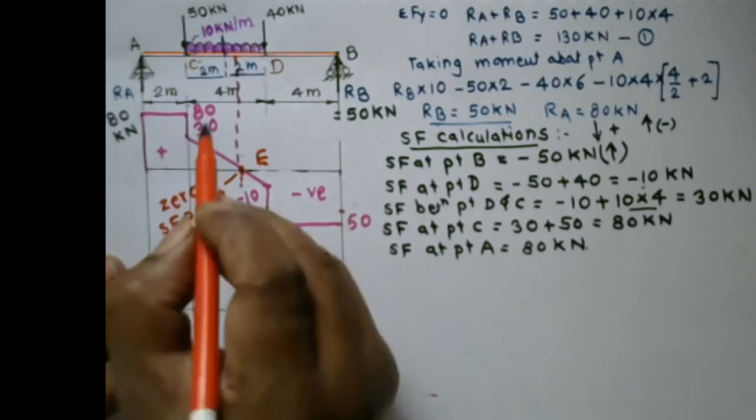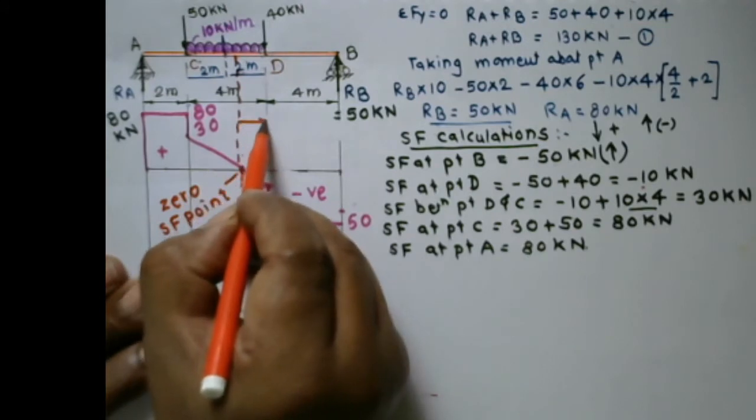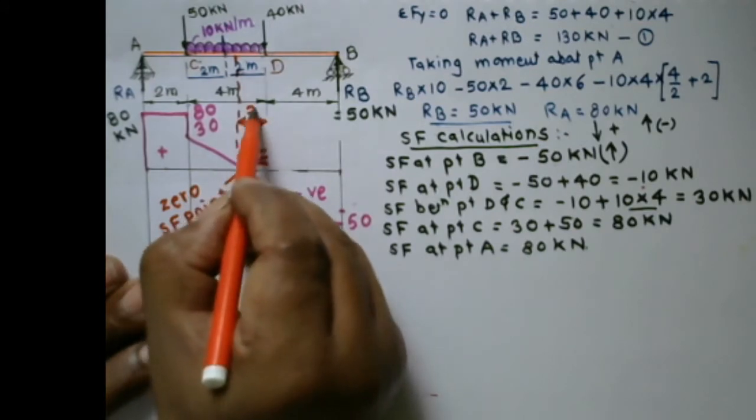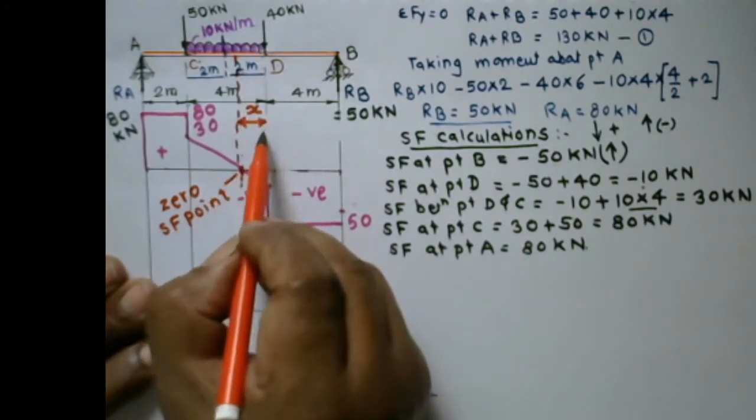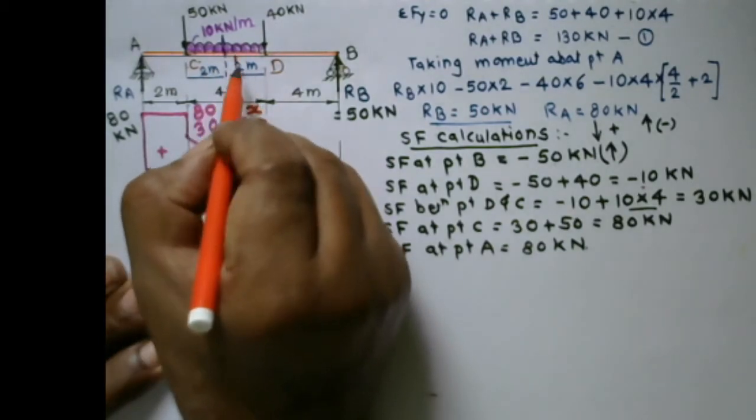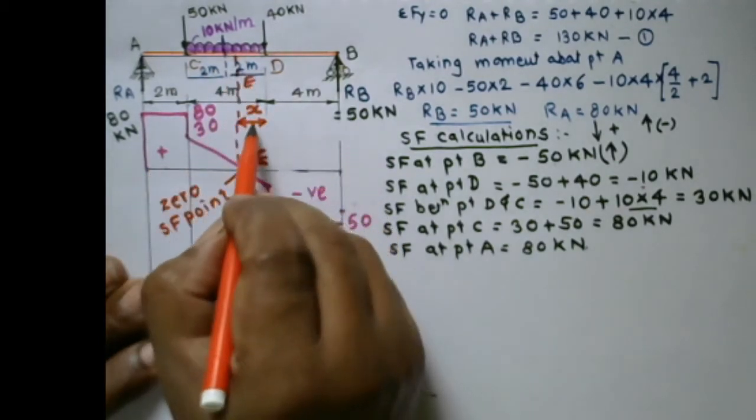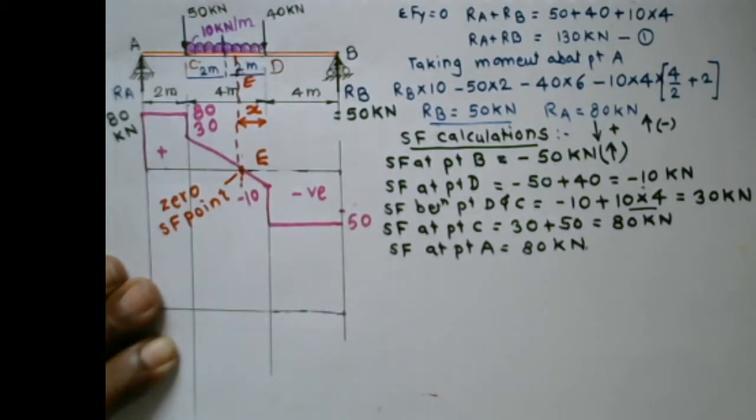Now we have to calculate the distance or position of zero shear force. Here I am taking this distance ED, or you may take this distance, as per your convenience.